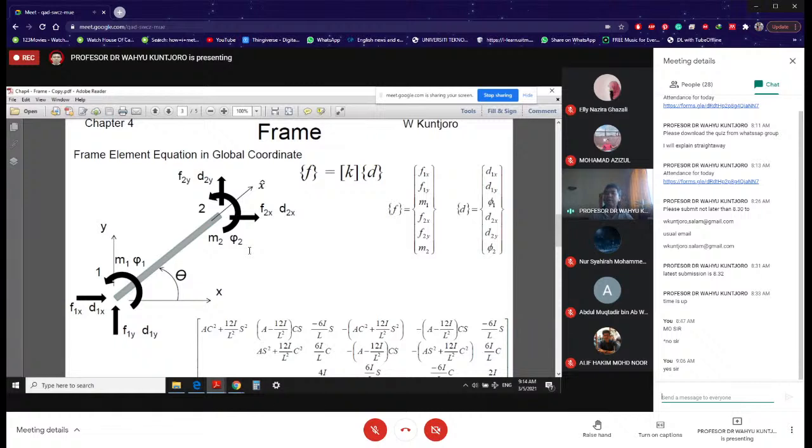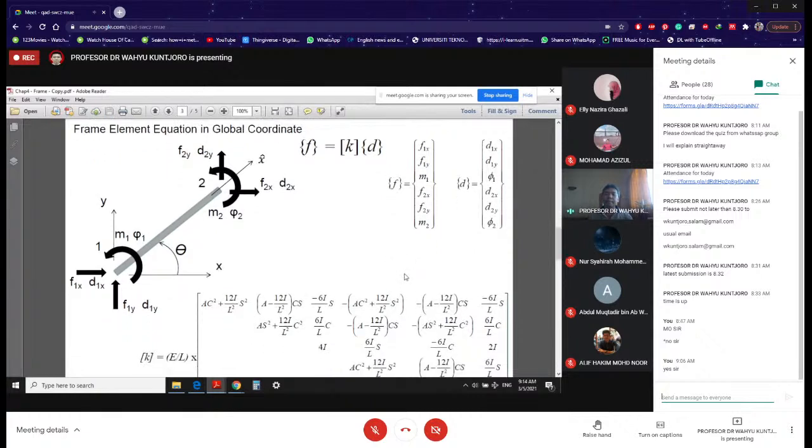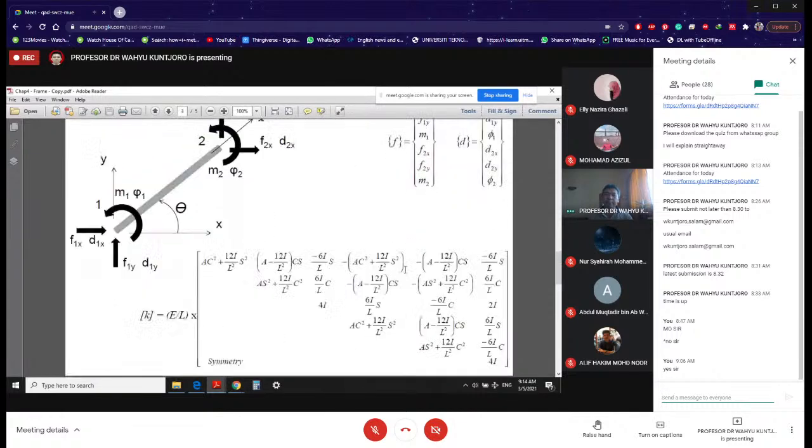Because of that, we have 6 forces, which include the moment, of course, and 6 displacements that include the rotation. And because of that, the size of K is going to be 6 by 6 as given here. A is, of course, the cross-section area, I is your moment of inertia, E is the material property, and L is the length of the element.